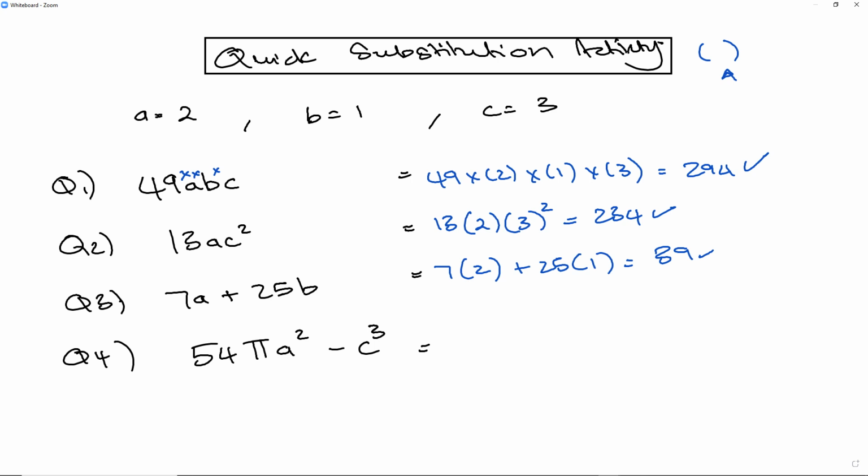And then we've got 54 pi times 2 squared minus 3 cubed.